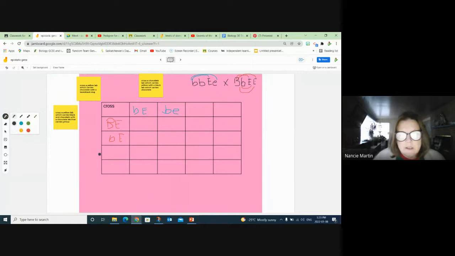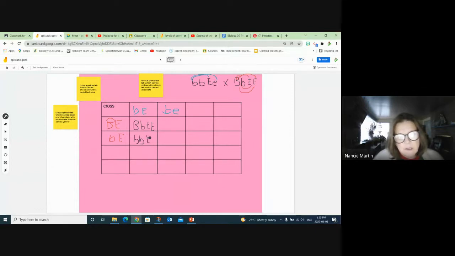Okay, so now we can do our cross and see what kind of puppies we're going to get. So this one here is getting a big B from that parent, a little b from that parent, and two dominant E's. So we can see that that's going to be a black lab carrying chocolate, no yellow genes. Okay, but here we're getting two recessive alleles, two little b's, and then two big E's.